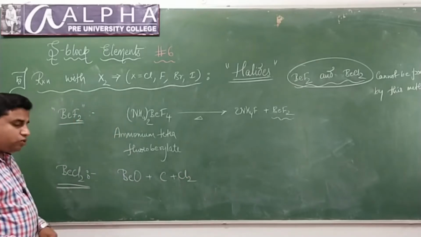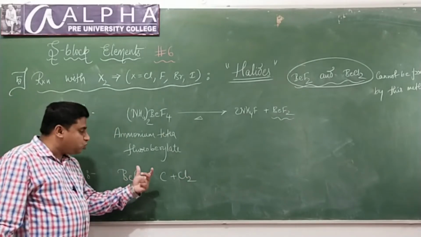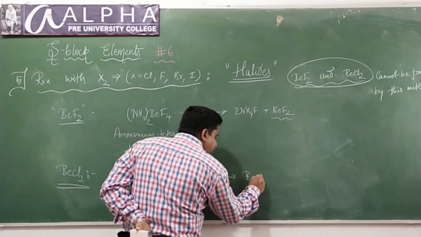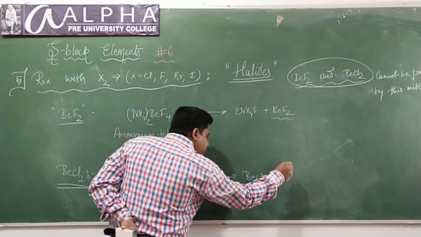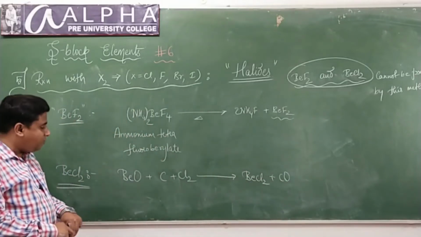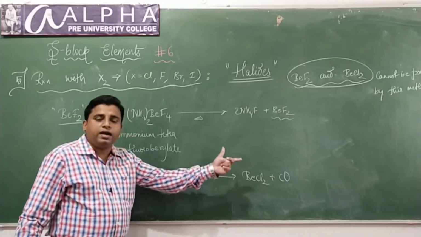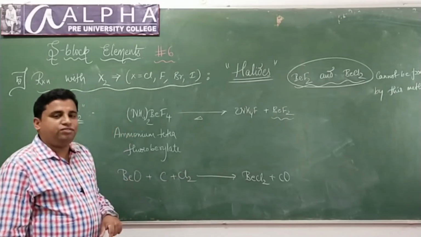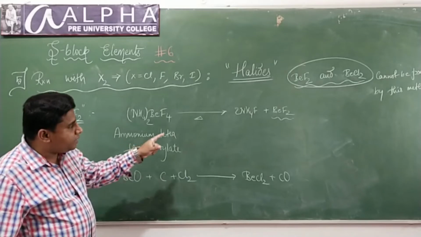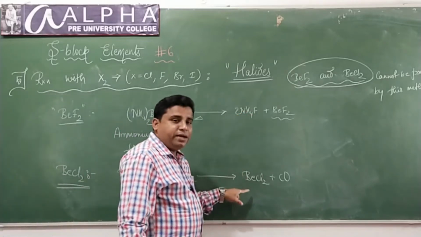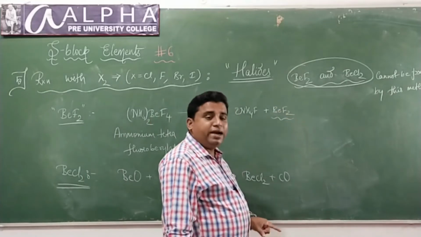Look here, when beryllium oxide is treated with coke and chlorine, it gives beryllium chloride and carbon monoxide. Therefore, I cannot prepare beryllium fluoride and beryllium chloride by the direct method.